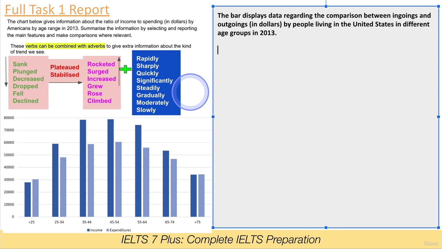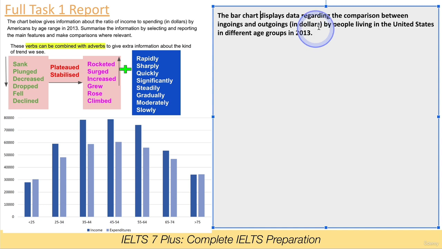Let's read this back. The bar chart. Really important to go back, edit, double check. The bar chart displays data regarding the comparison between ingoings and outgoings in dollars by people living in the United States in different age groups in 2013.